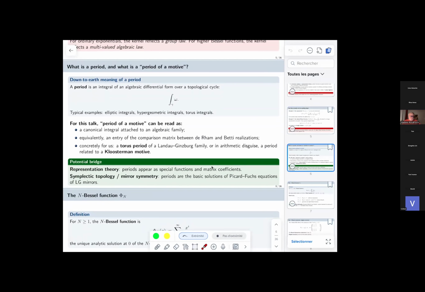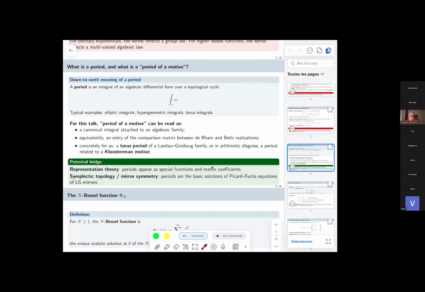If you want to imagine naively this motivic, periodic nature of this object, should I explain first what I understand by a period of a motive? By a period of a motive, I will understand a very simple thing. If you have an algebraic differential form omega and some topological cycle gamma, I can integrate omega over gamma.